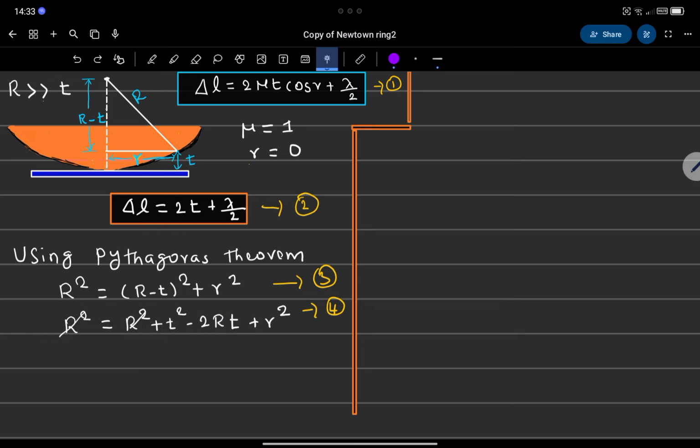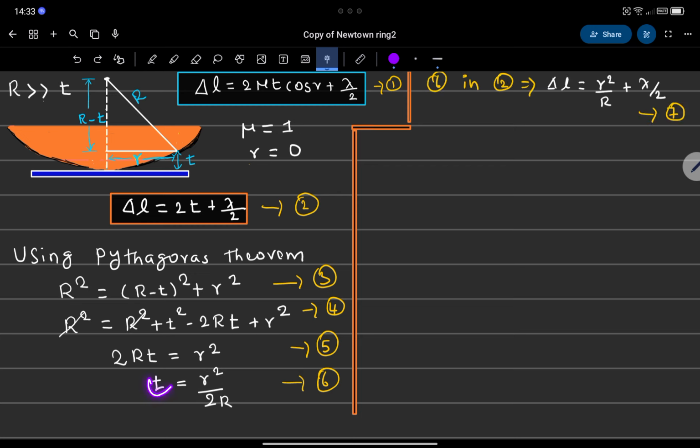So equation 4 is reduced to 2Rt is equal to r squared. Rearranging this, we get the thickness of the thin film at which we have the r radius bright and dark ring. Substituting this t into equation 2 gives me this expression, equation number 7.